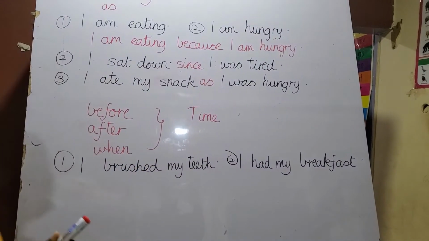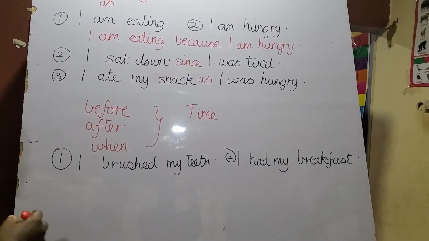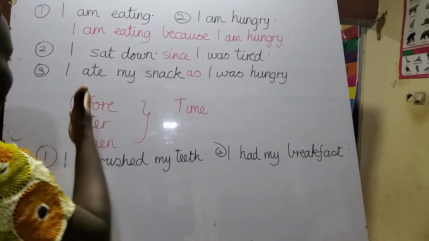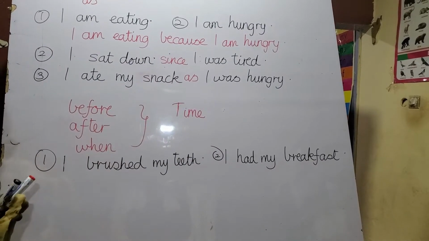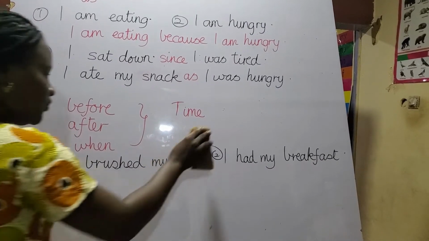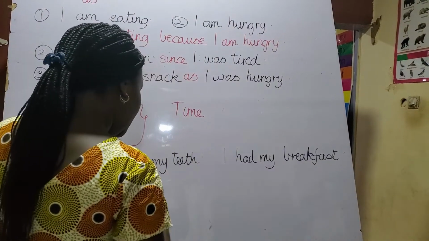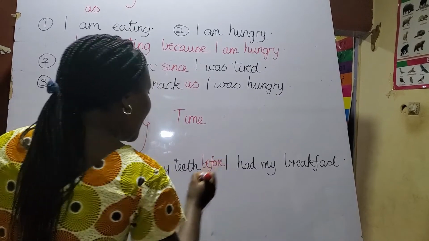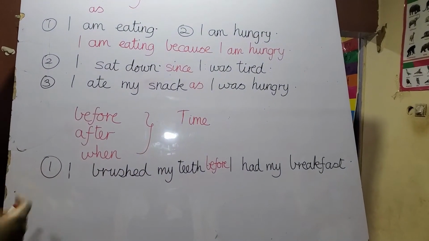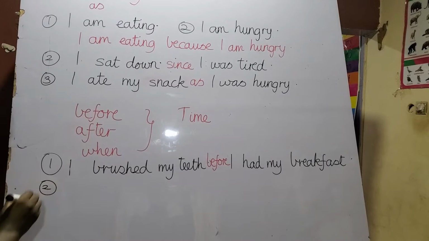I brushed my teeth. I had my breakfast. We can join them using before. I brushed my teeth before I had my breakfast. Okay? I brushed my teeth before I had my breakfast. After. Let's look at after too.